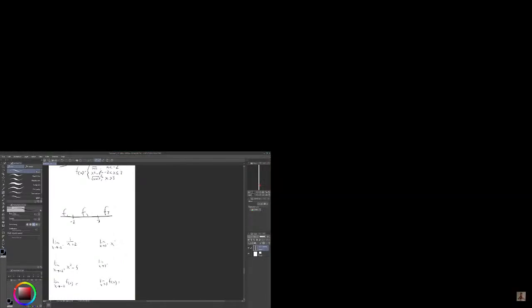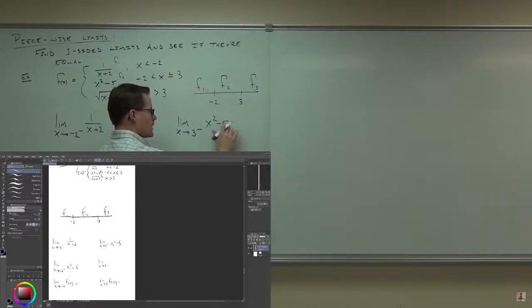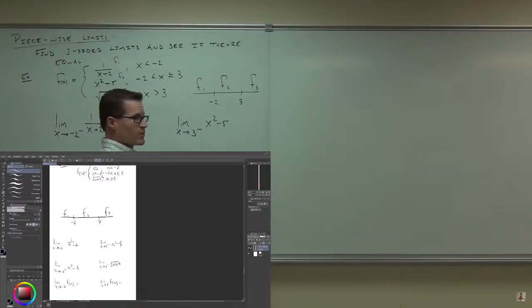Function 2, and you said that was x squared minus 5, so we'll write that. How about from the right-hand side, what function are we using? Function 3. What's function 3? I'm assuming your mumbling was square root of x plus 13. Was that what you were mumbling? 13. Okay.